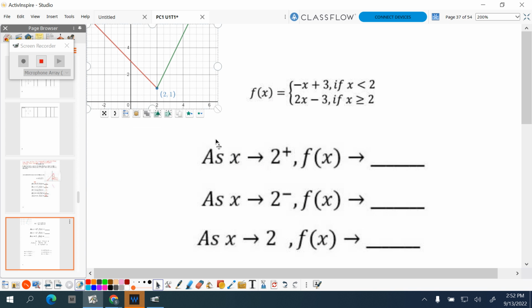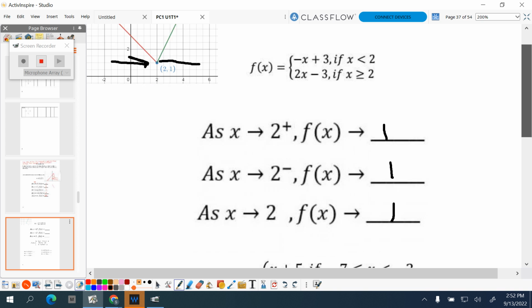So here it looks like, as it moves to the right, it goes to 1. Coming from the left, it goes to a height of 1. And that means since both of these equal 1, then I can say that at 2, in general, it's 1.